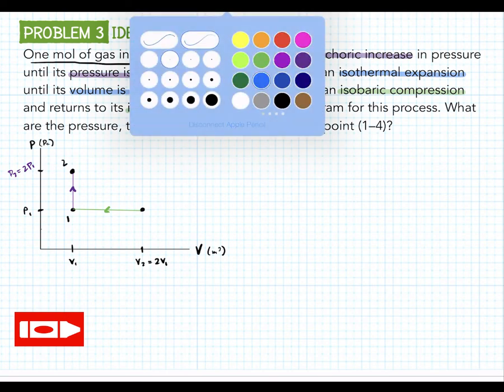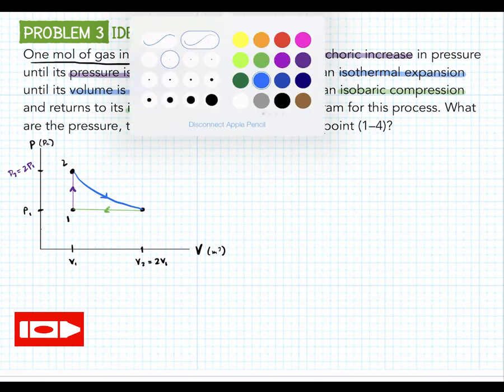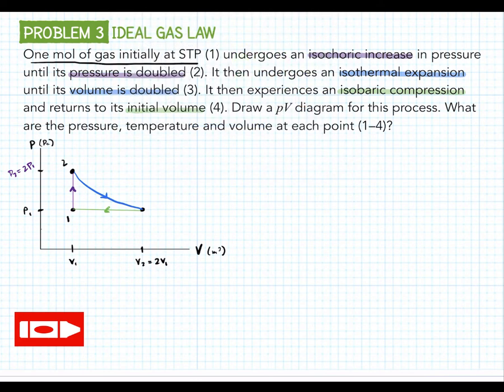So, going back to the second one, we have an isothermal process. We know the isothermal line looks a little curved, it's not a good drawing. So this is an isothermal expansion, and then the volume is doubled, okay? So this would be 0.3, so 0.1, 0.2, 0.3.